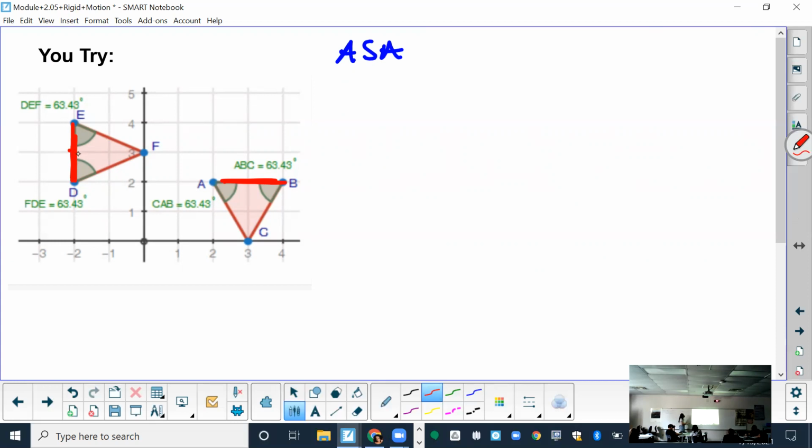So what's the distance from B to E? 2. What's the distance from A to B? Are these triangles congruent? Yes. All right, and then you would label the corresponding ones, label that these sides are equal, and call it a day. All right, questions, comments?